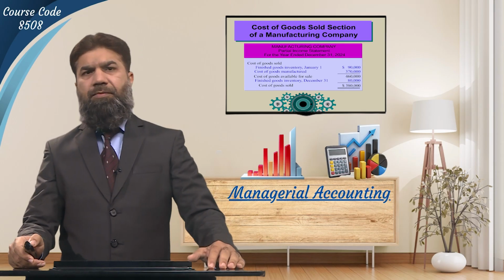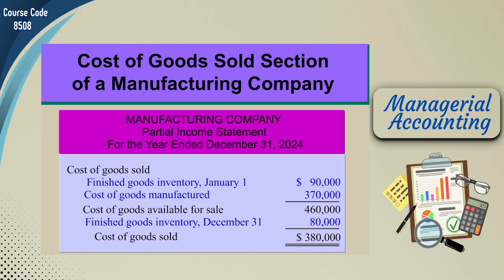On the other side, for the manufacturing company, the first three lines we will write the same as for the merchandising companies, and we will add finished goods inventory at the beginning of the period to cost of goods manufactured. Here the beginning inventory is $90,000 and cost of goods manufactured is $3,70,000.